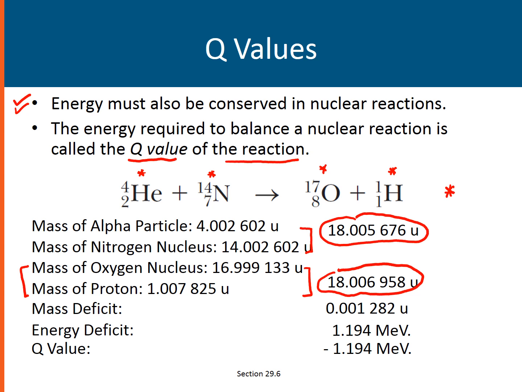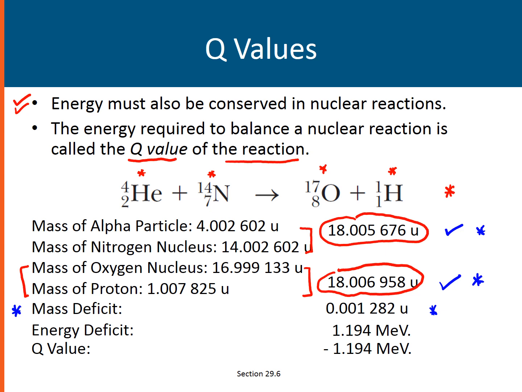If you look at these values, the total mass after the reaction is greater than the total mass before the reaction, and the difference is 0.001282 unified mass unit, and we call this difference the mass deficit.